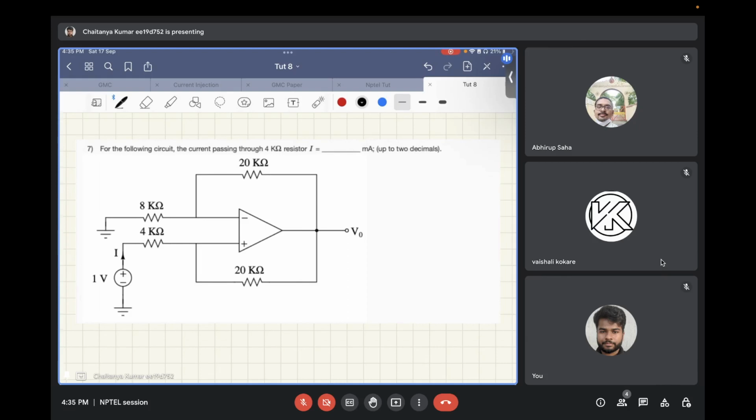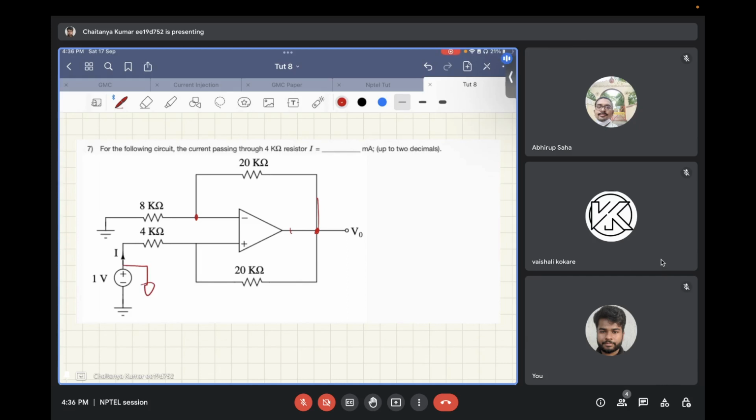Okay, so again, to find the sign of the feedback, as I mentioned earlier, the gain from output to the negative terminal of the op-amp shall be higher than what you have from output to the positive terminal. For that you have to de-energize the input voltage source.